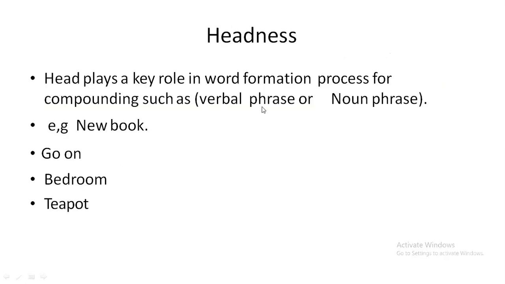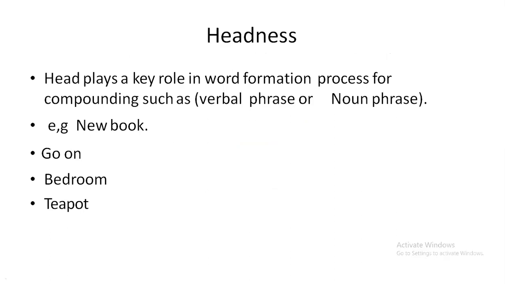So, as I said earlier, generally in compound nouns, adjectives, and verbs, what happens? At least one word will be the head, generally, not always. I'll come to not always also. I'm talking about headness here. The key point, the keyword from which you can guess the meaning, is called headness.